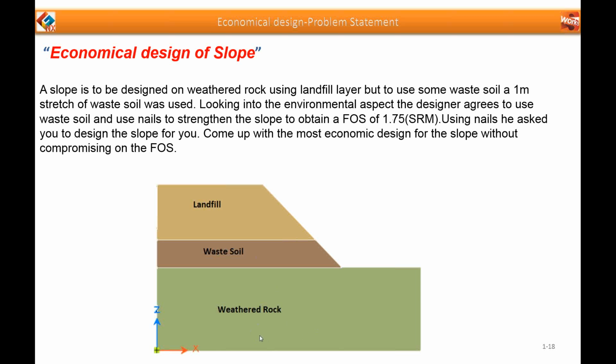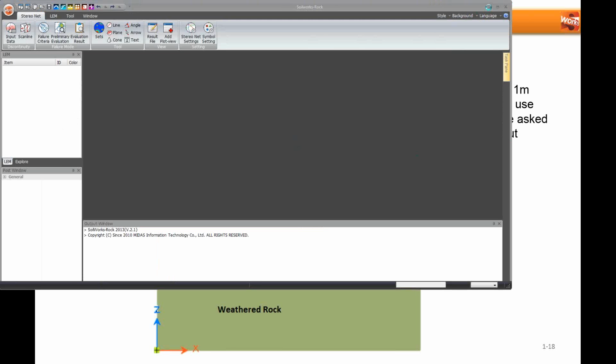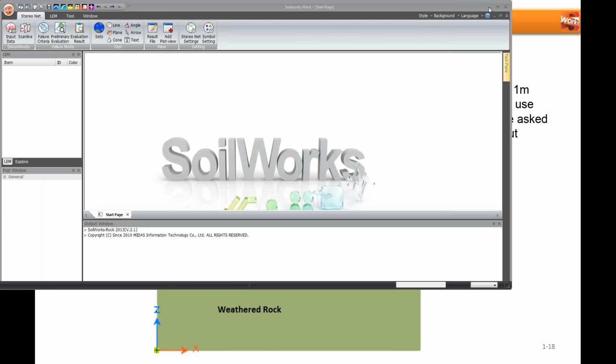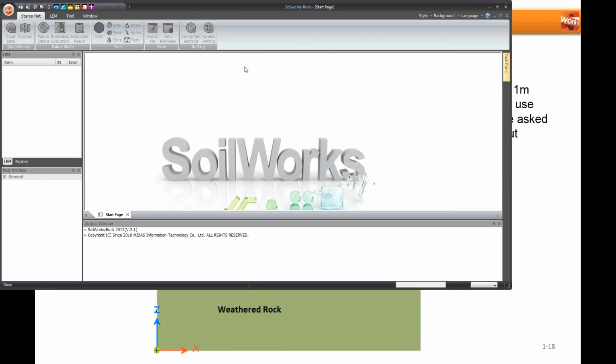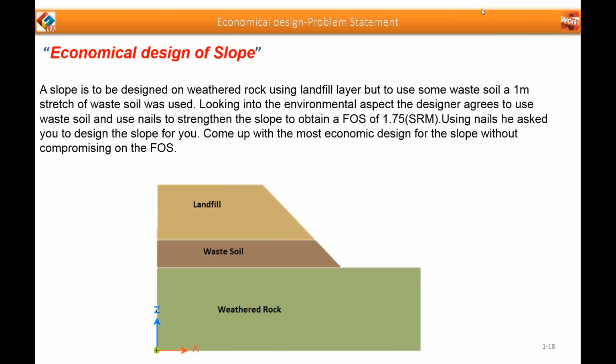As you can see, the bottom layer is the rock, and you have waste soil in between, and the top layer is the landfill layer. So now we need to design this using nails to strengthen the slope to obtain a factor of safety of 1.75.